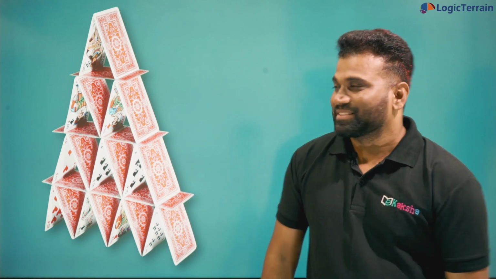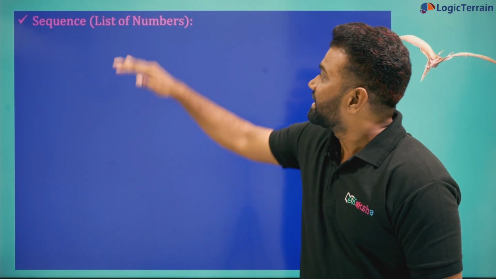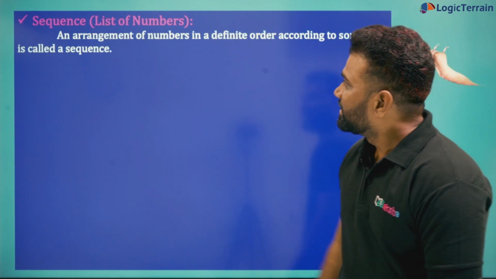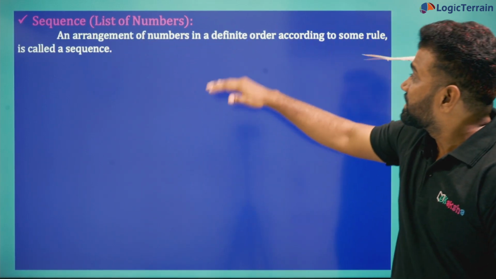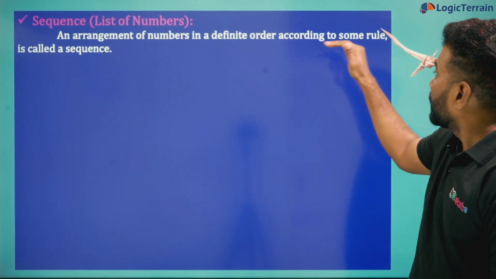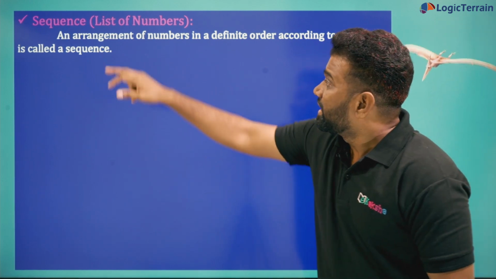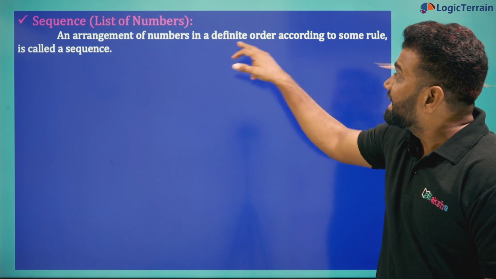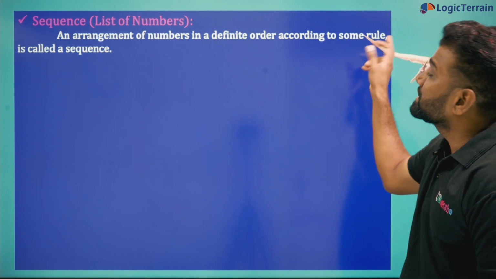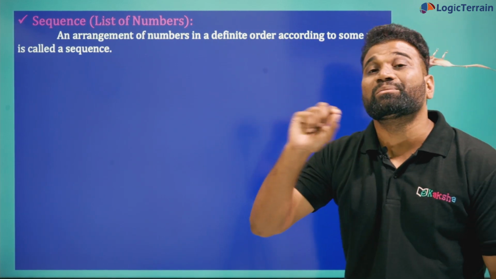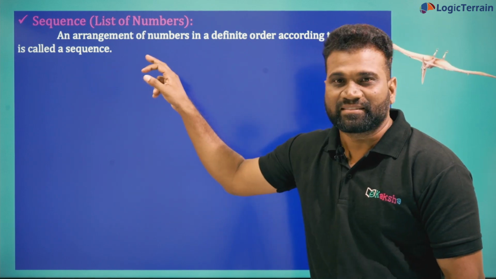Let's have a look at what exactly a sequence is. Sequence, that is a list of numbers. An arrangement of numbers in a definite order according to some rule is called a sequence.